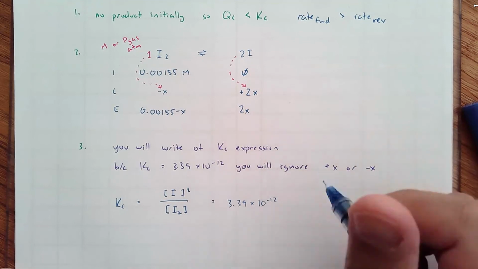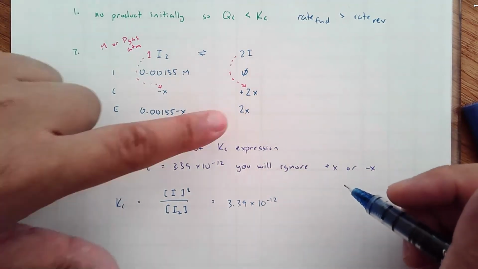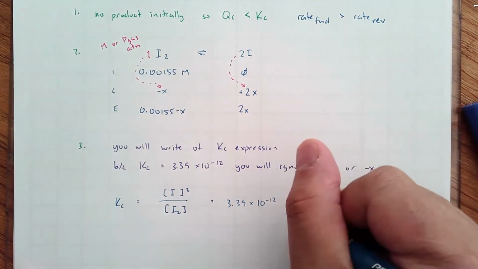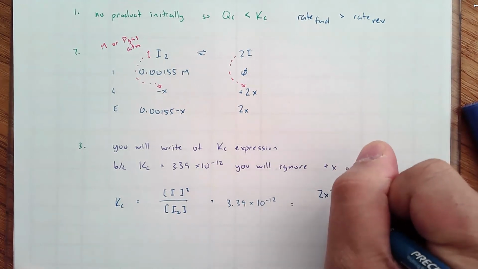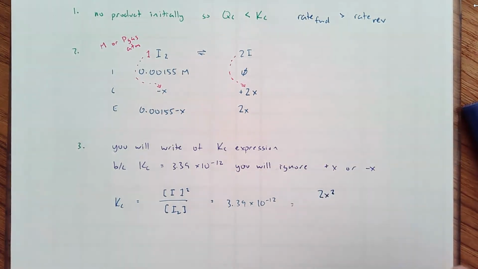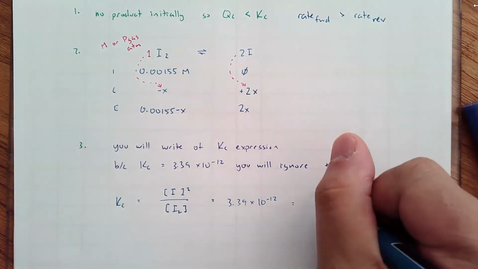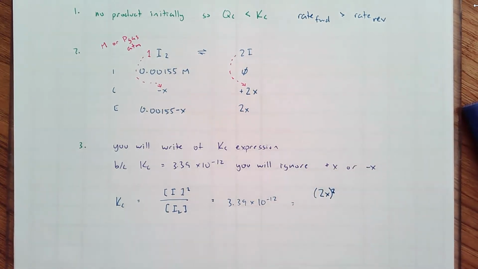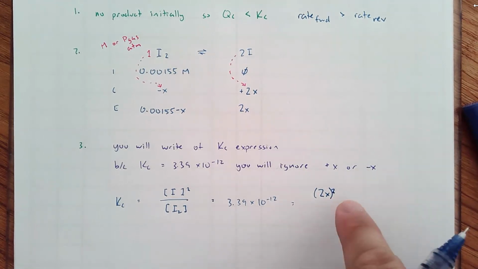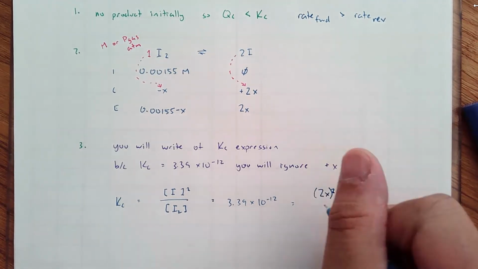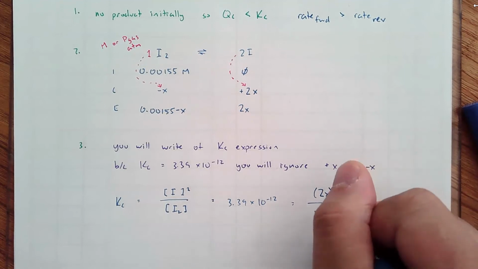And what is I? I is 2x. So this equals 2x squared. Oops. Does everyone know why this is incorrect? It's that squared, the 2x squared, not just the x. So you do need to show parentheses.